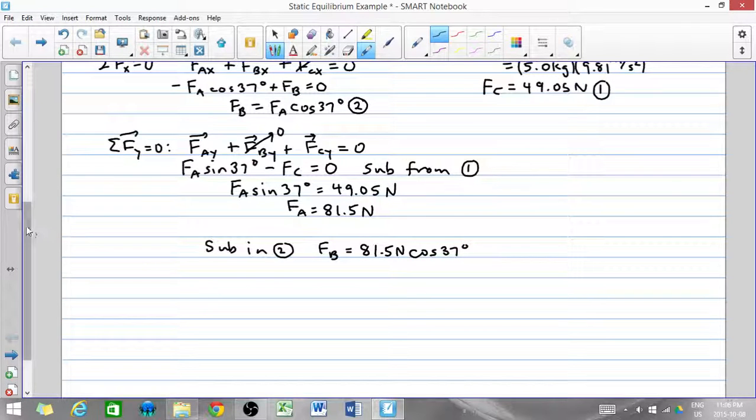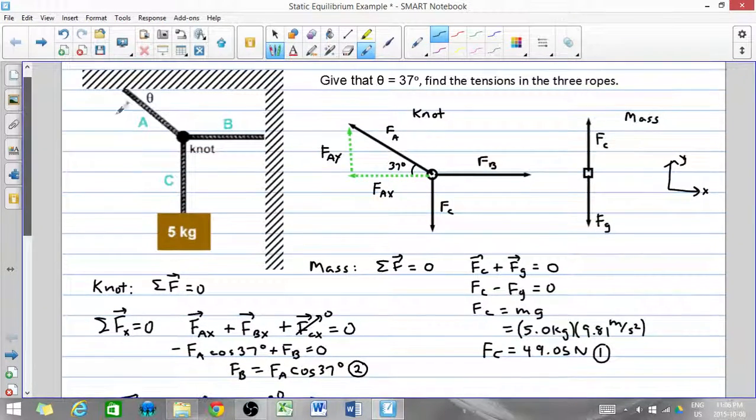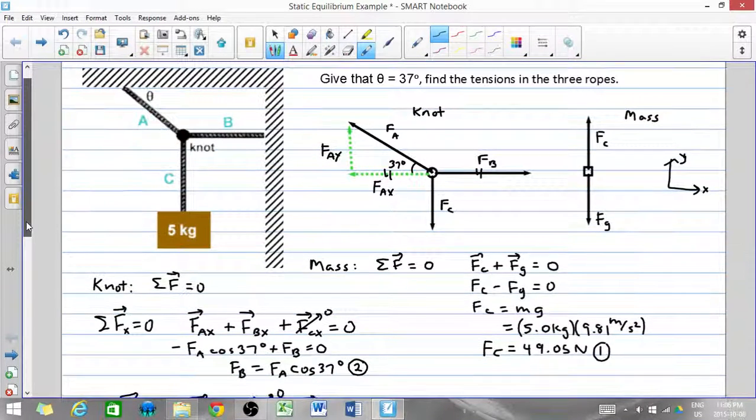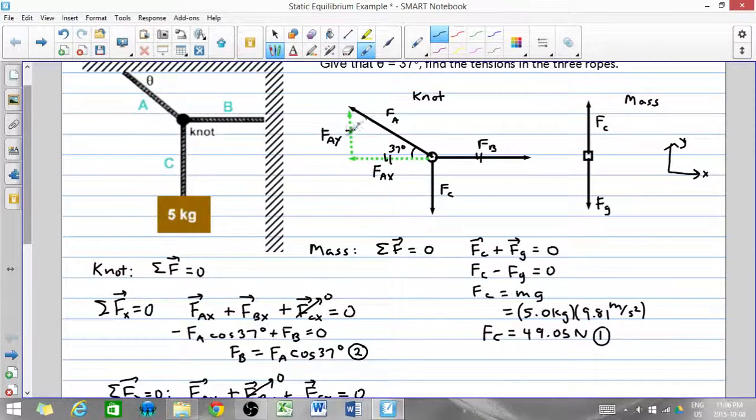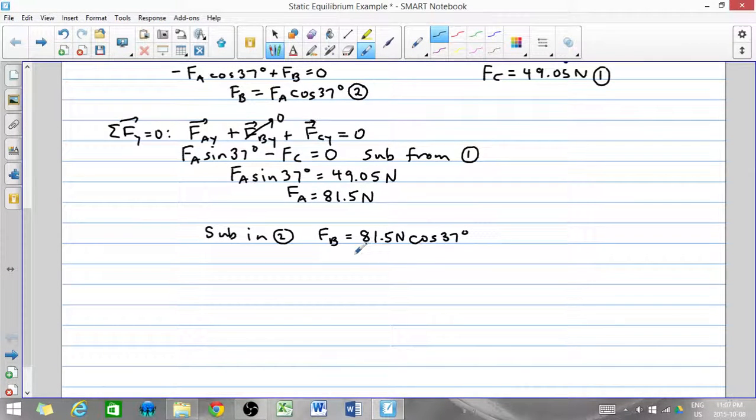Oh, and that makes total sense because that is the x component of force A. And you see force B and the x component of A have to be equal to each other for this to be an equilibrium. Similarly, as we showed, the y component of A has to equal the force in rope C. Okay, we're almost there. So FB is 65.1 newtons.